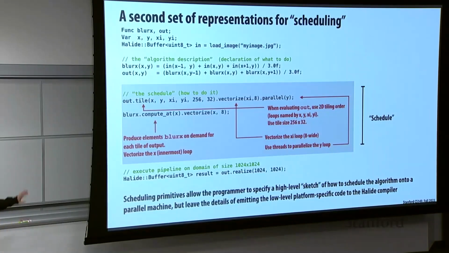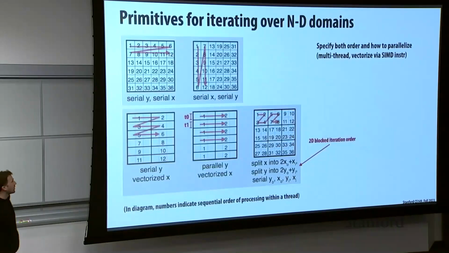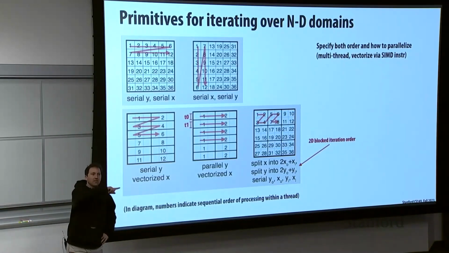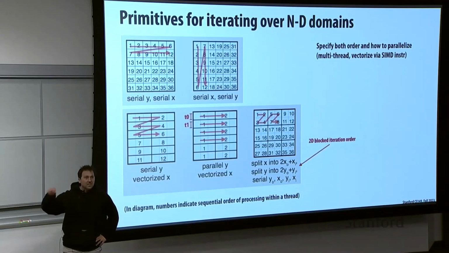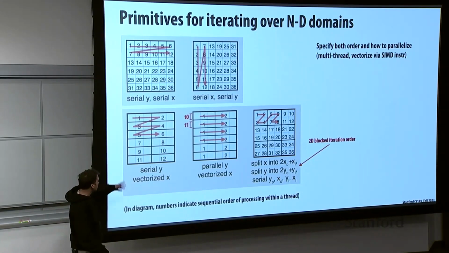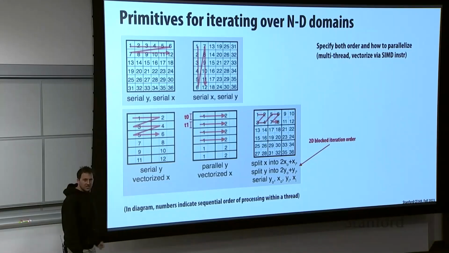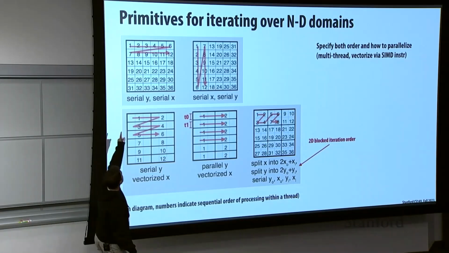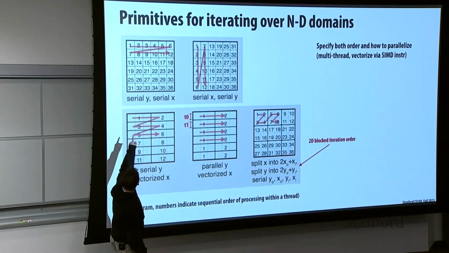Okay. So these scheduling directives give you a couple of different types of primitives. Some of the primitives are related to how you iterate over the elements of a function: row major, column major, blocked, and so on. These are just some different examples of iteration. Like, I want you to go serial over the y dimension.